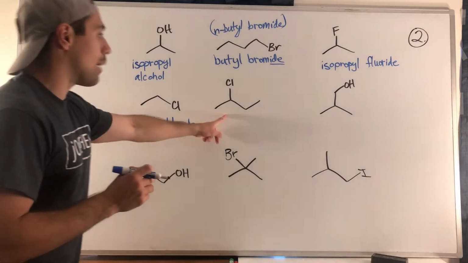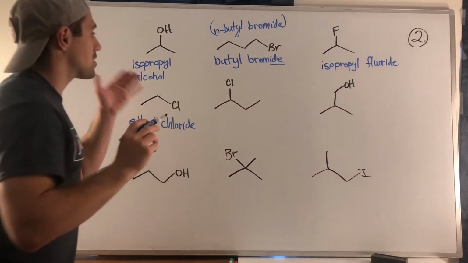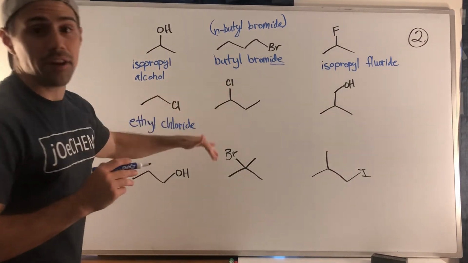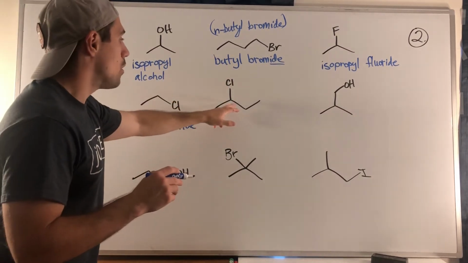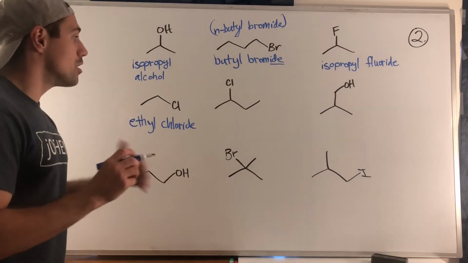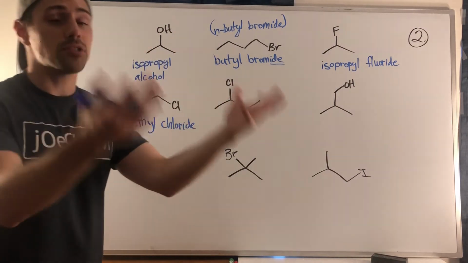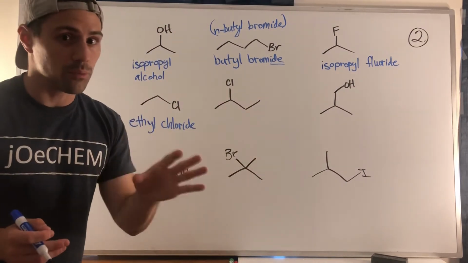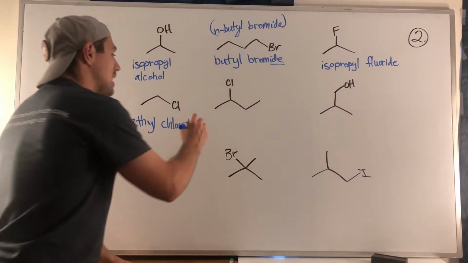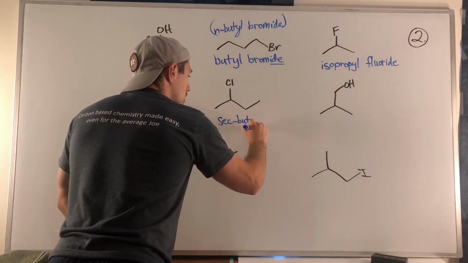All right, so now over here, something interesting. We have 1, 2, 3, 4 carbons, but it's not like butyl bromide right above it. We're in one of the interior carbons, not one of the terminal carbons. So remember, the little prefix we use, the way we can demonstrate to someone, hey, this isn't just regular butyl chloride, is we say this is sec butyl chloride.